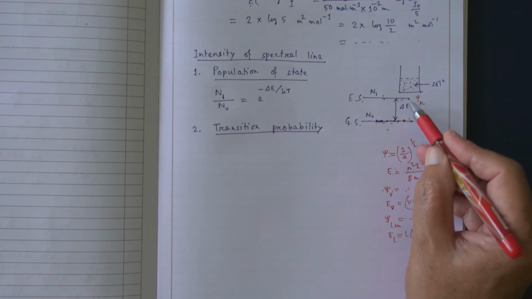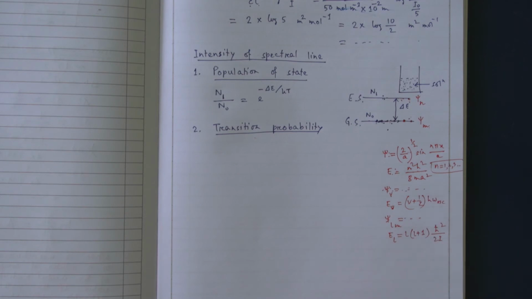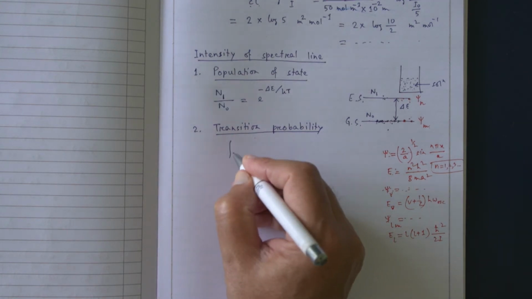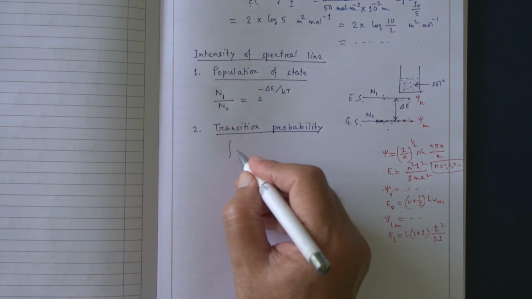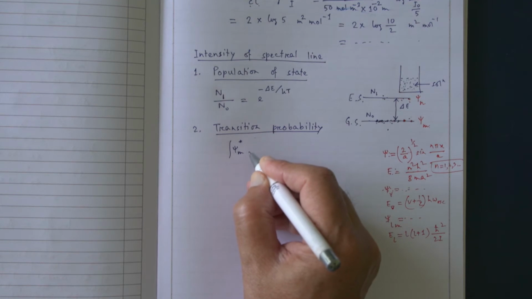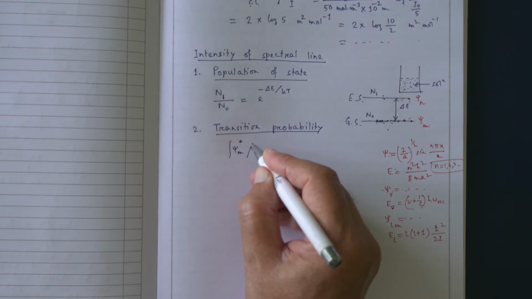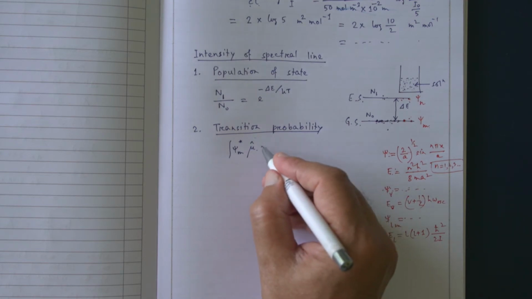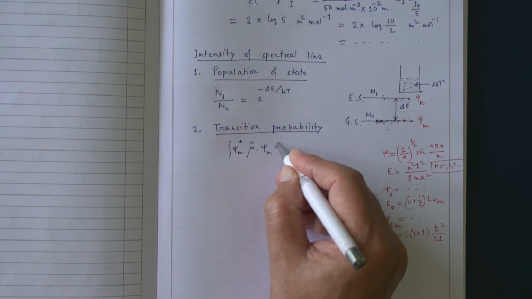That can be obtained. Say we have one integration, psi m star, this dipole moment operator, and psi n d tau.